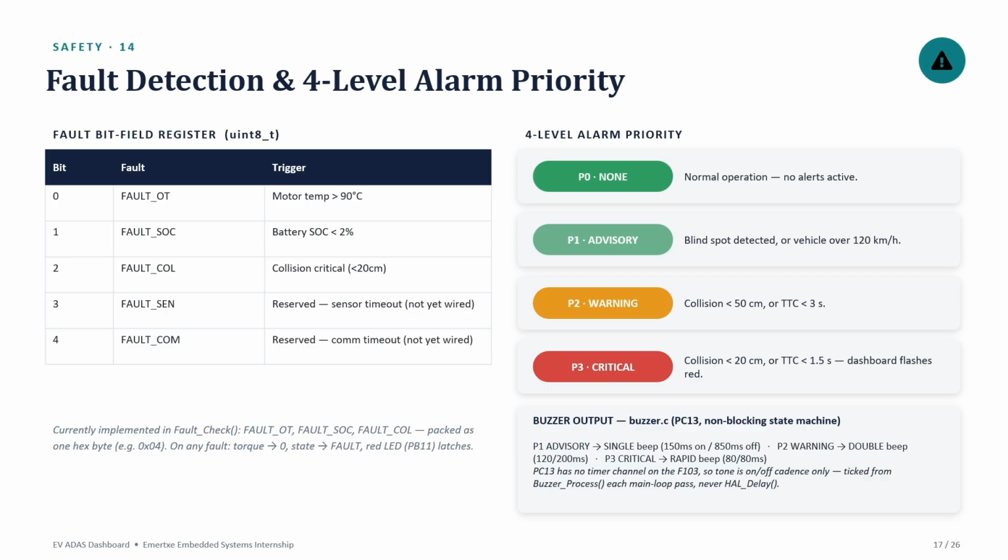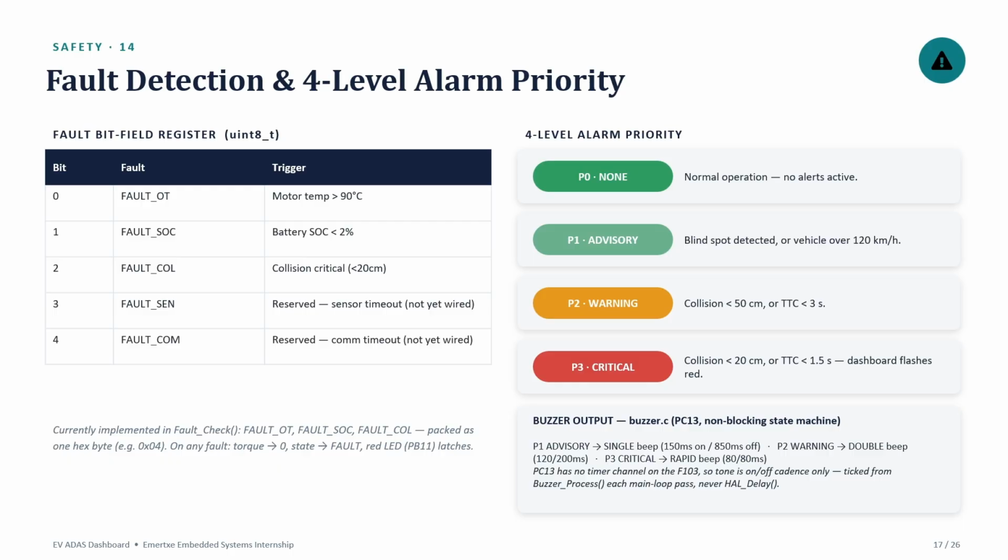Here are the different types of registers used in the system, along with all the alarms used here. The fault OT, or over temperature, generates a fault when the motor temperature hits above 90 degrees centigrade, meaning the motor is overheated.